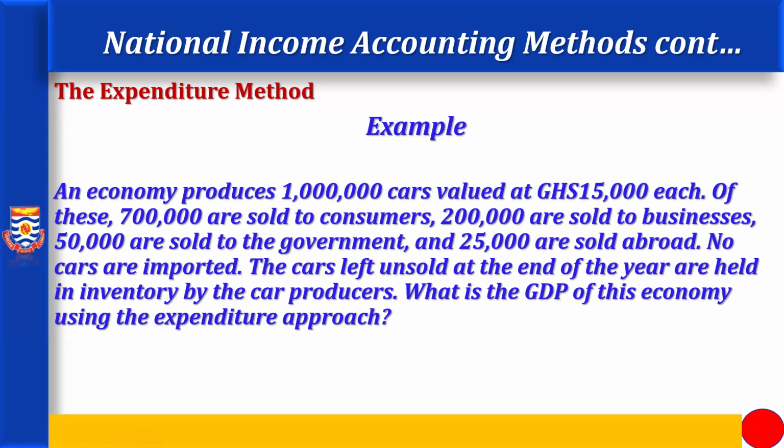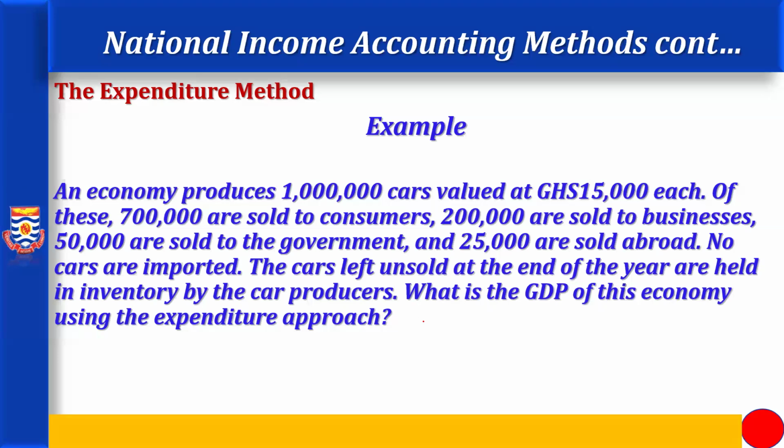Of these 1 million cars, 700,000 cars are sold to consumers, 200,000 are sold to businesses, 50,000 are sold to government, and 25,000 are sold abroad. No cars are imported. The cars left unsold at the end of the day are held in inventory by the car producers. What is the GDP using the expenditure method?